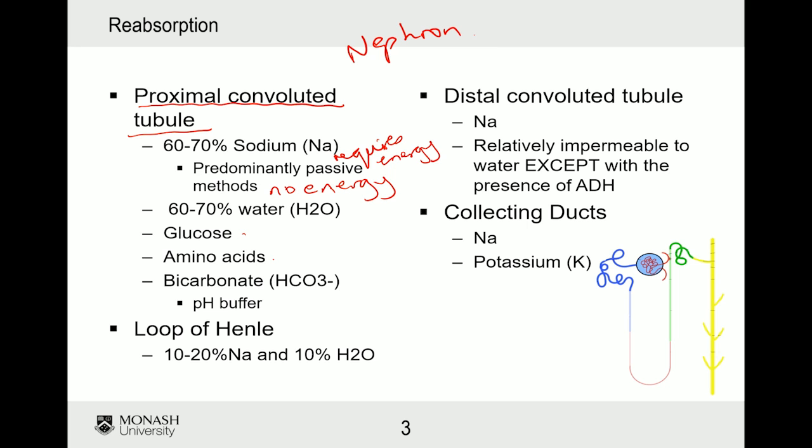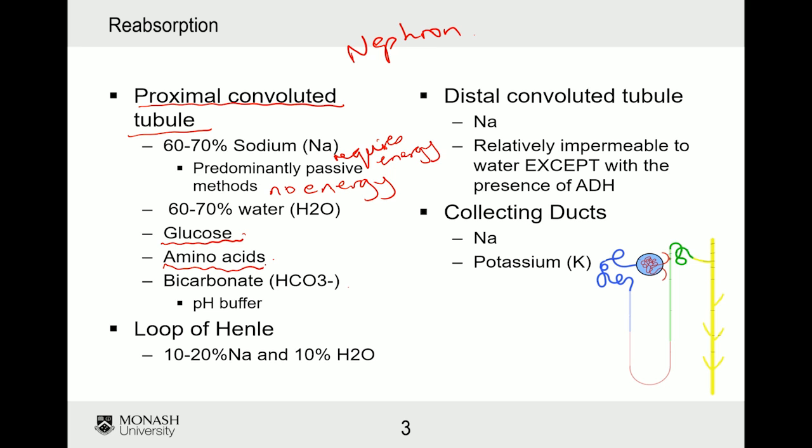Glucose, amino acids and bicarbonate are all reabsorbed here. Glucose is of course the energy molecule in our bodies, and with diabetes it overruns the channels that exist to reabsorb the glucose, and it comes out in our urine and can be measured.